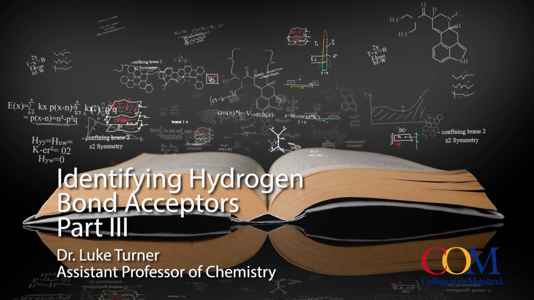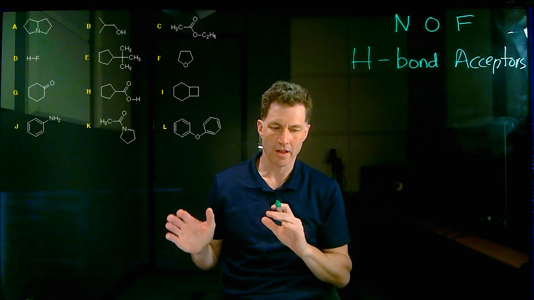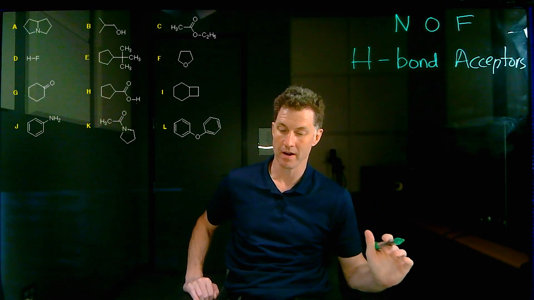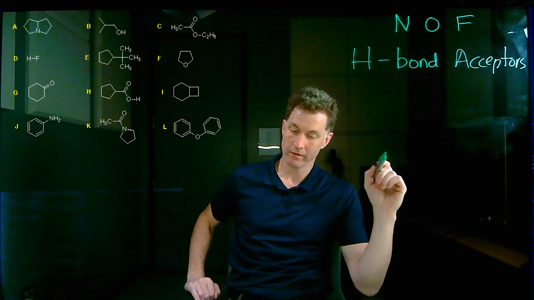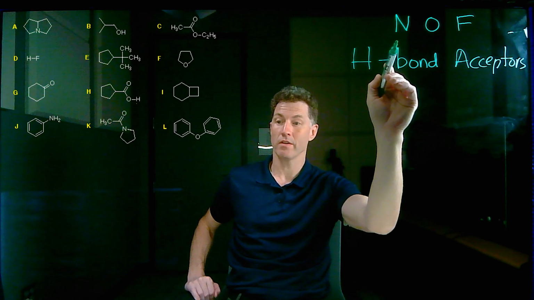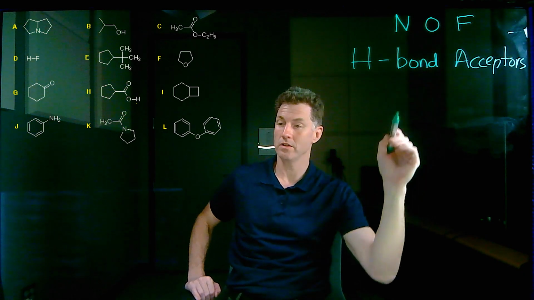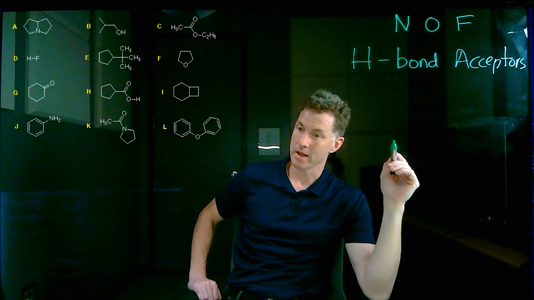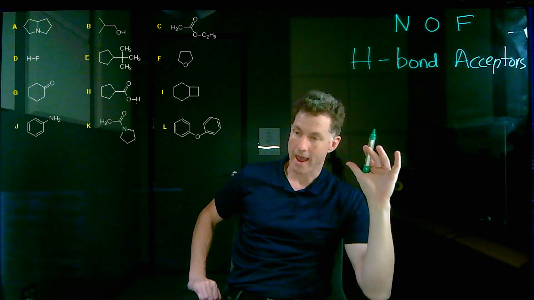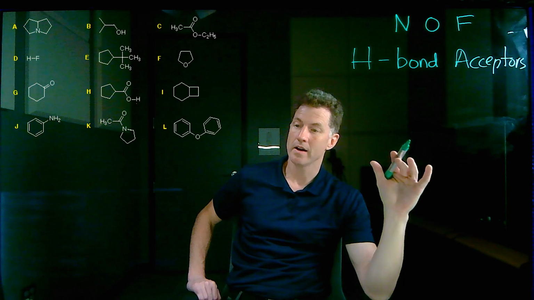When we're considering identifying out of this lineup of molecules which ones are only hydrogen bond acceptors, we're looking for a situation where the molecule contains one of our three nitrogen, oxygen, or fluorine atoms, but they do not have these atoms bonded to hydrogen.